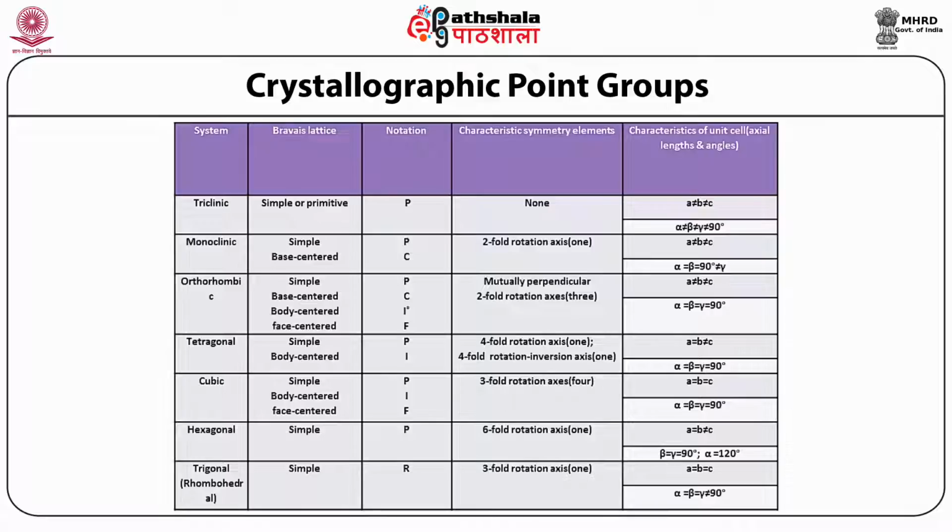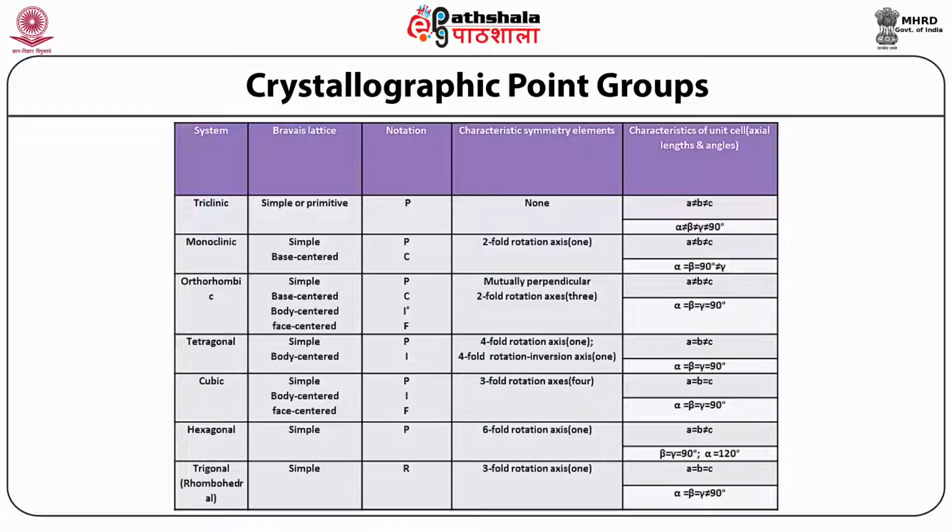The characteristics of unit cell are A is equal to B is equal to C, and the axial angles alpha is equal to beta is equal to gamma is equal to 90 degrees.